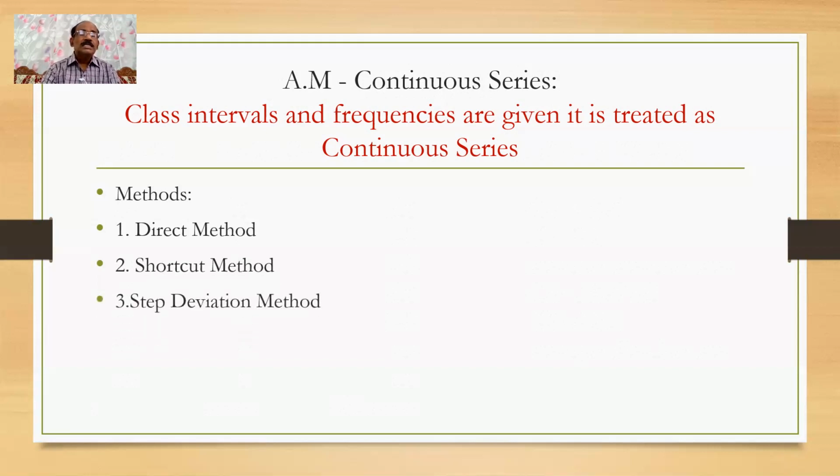Third one is the step deviation method. These are the three methods in calculating arithmetic mean in continuous series. Whichever the method, the answer is the same, whether it is the direct method, the shortcut method, or the step deviation method.